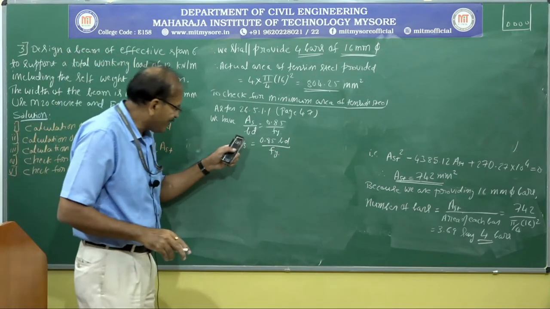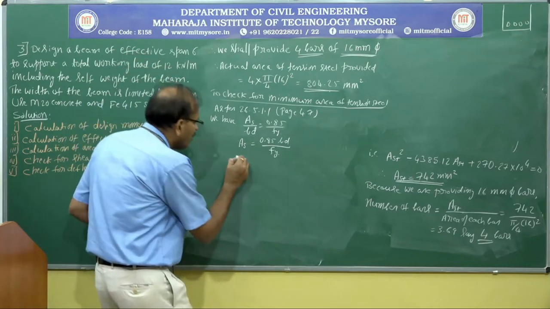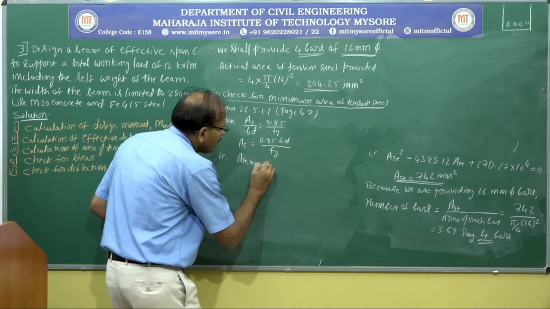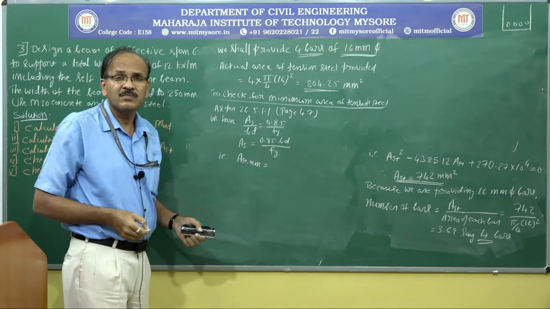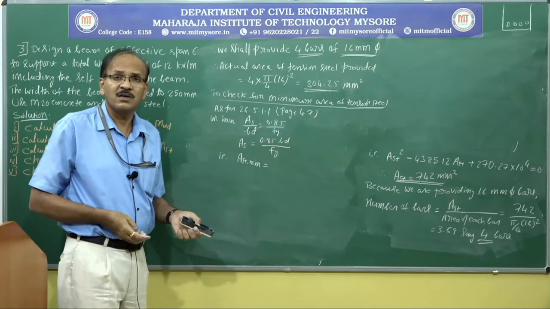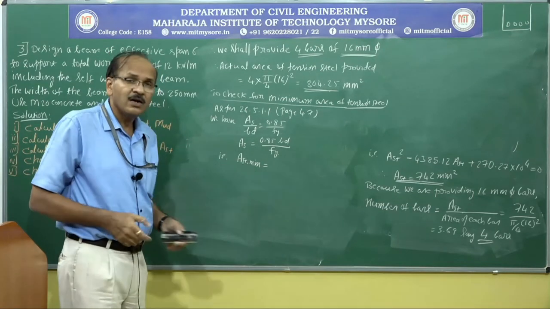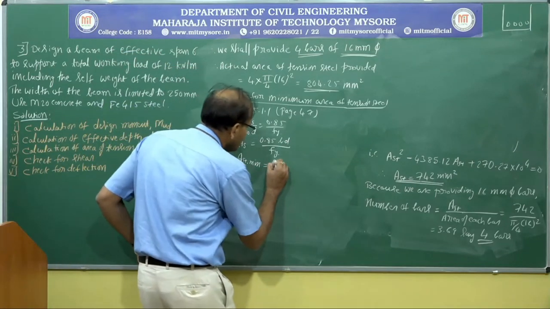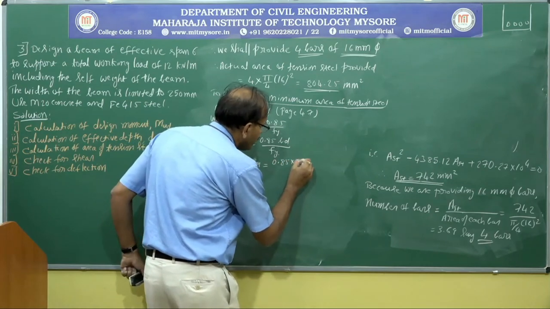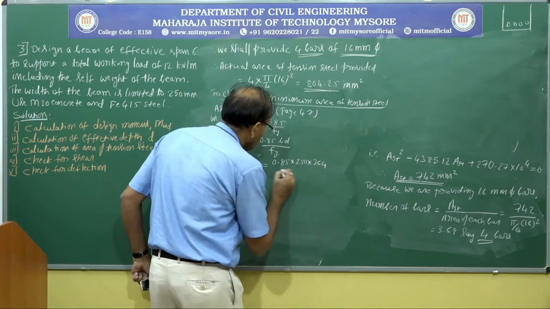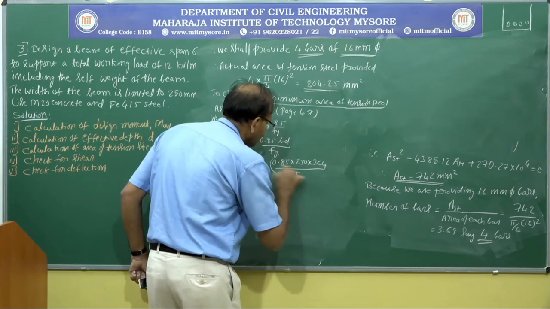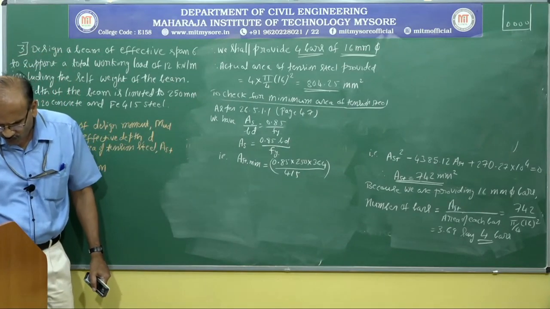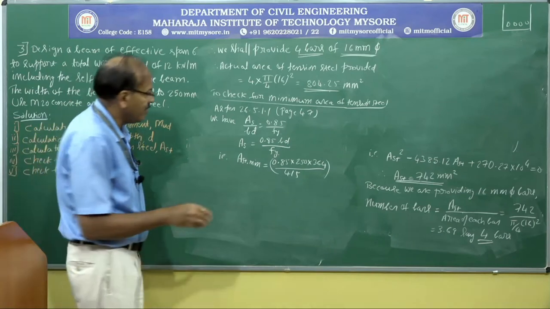Okay, so for this As, I am going to call this Ast minimum. If you want, you can retain this as As, but I am going to call this minimum tensile steel required. That is equal to 0.85 into 250 into 364 divided by 415. Okay. So that turns out to be 186.4 millimeter square.